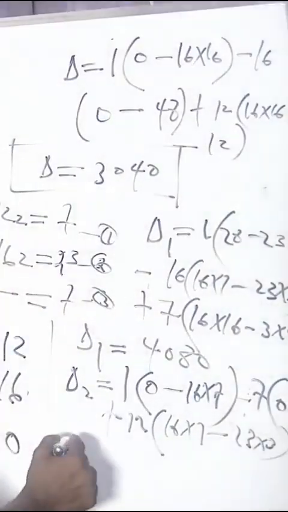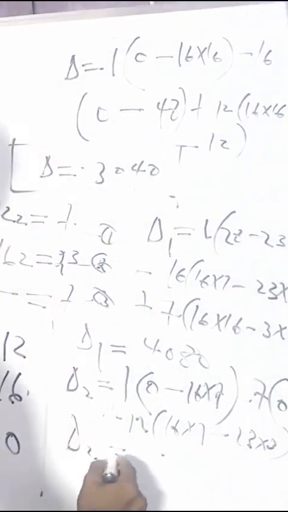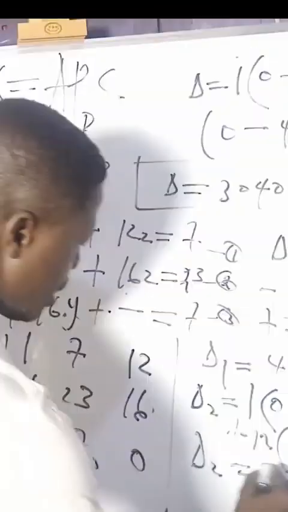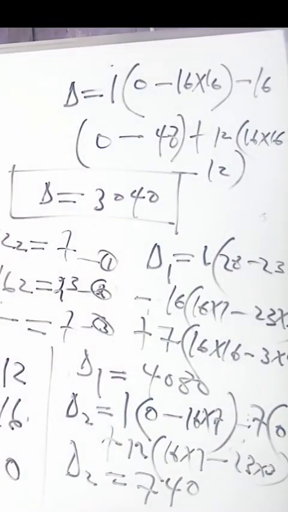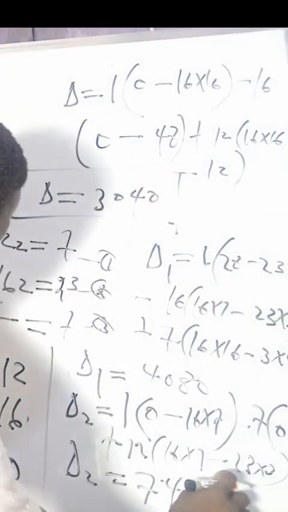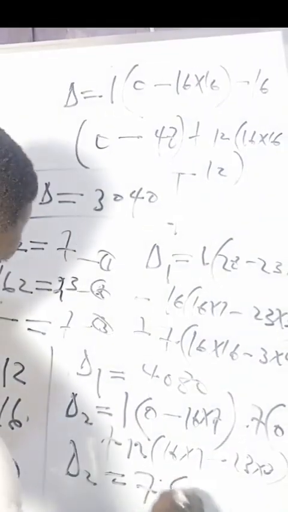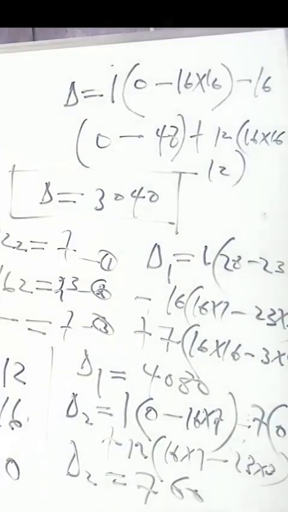So by the time you simplify this, you are going to be obtaining delta 2 to be equal to 740. Sorry, 760. You can as well validate it by using your calculator. So delta 2 will give us 760.